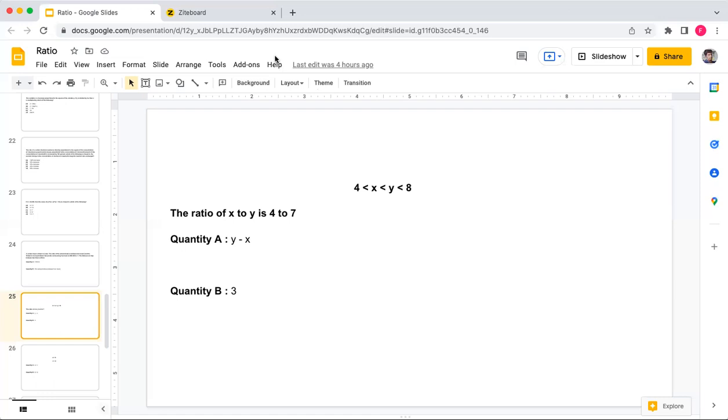One answer is D. Someone is saying B. Okay, B. Any other answer? First tell me who is solving with me, other than these 2 or 3 who are solving and replying.